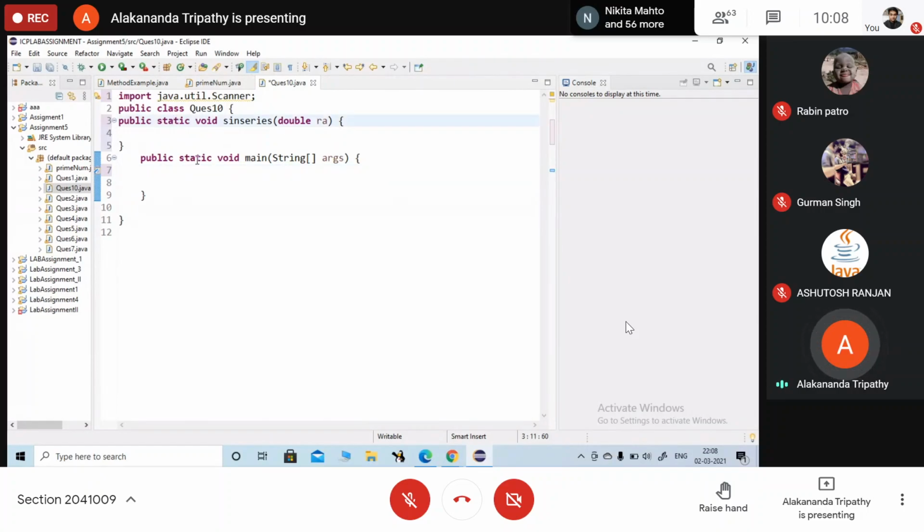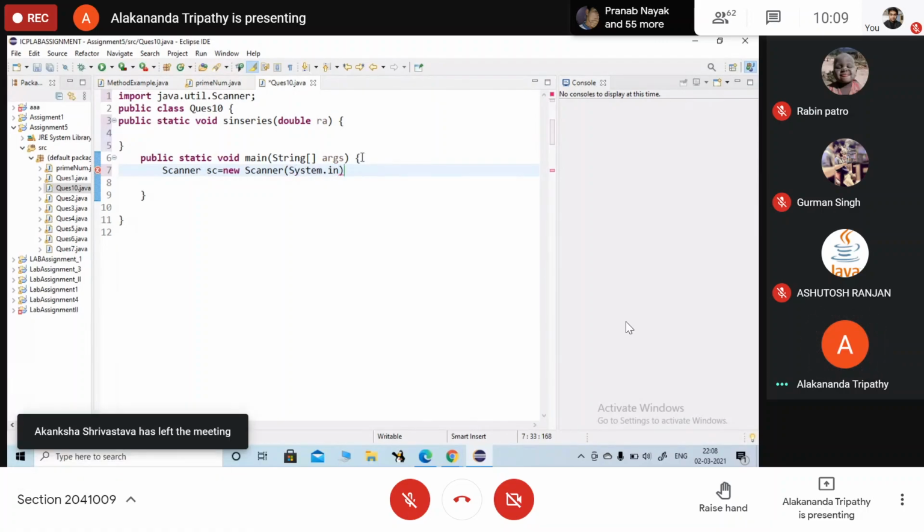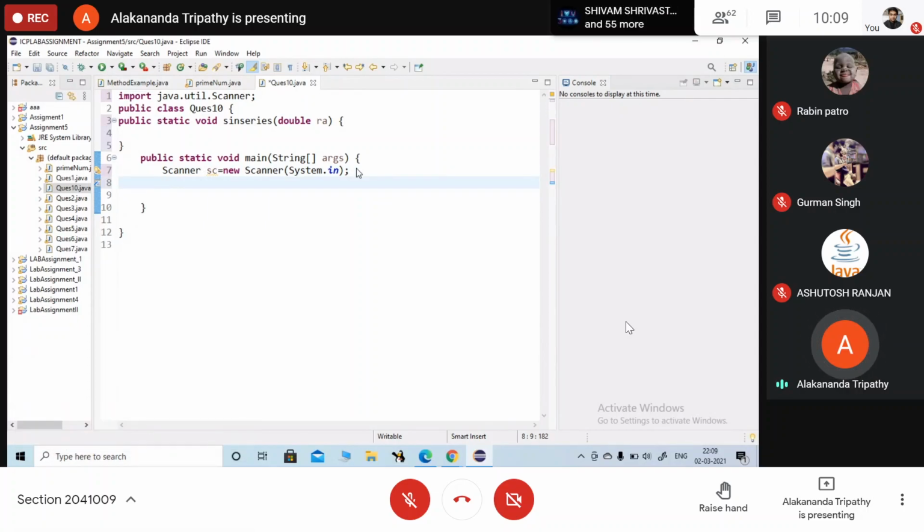So as we are using the scanner class here, the value is going to be passed in the main function. Scanner is equals to new Scanner, system dot in. Input कैसे लिया गया है? How the input is being taken in terms of double.